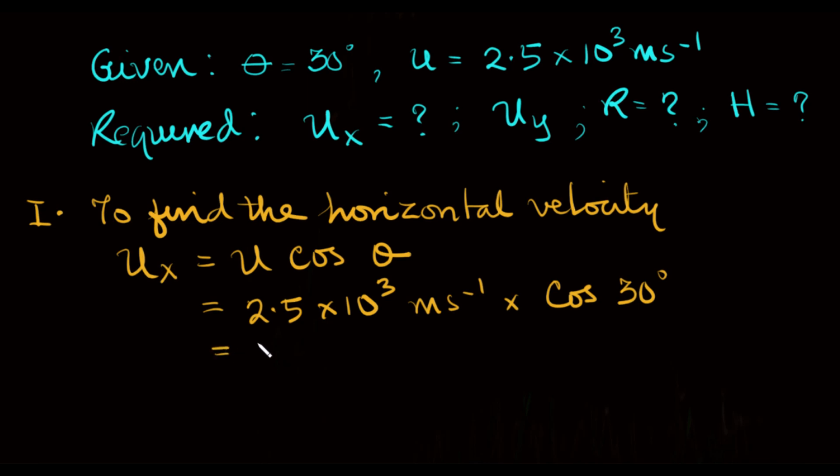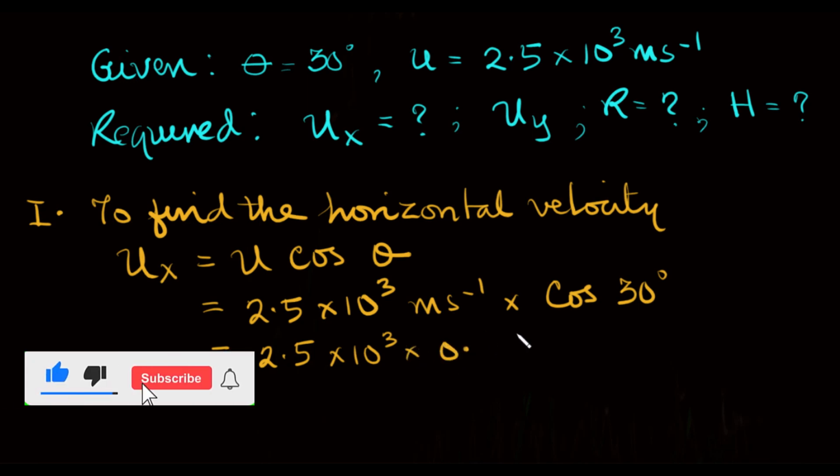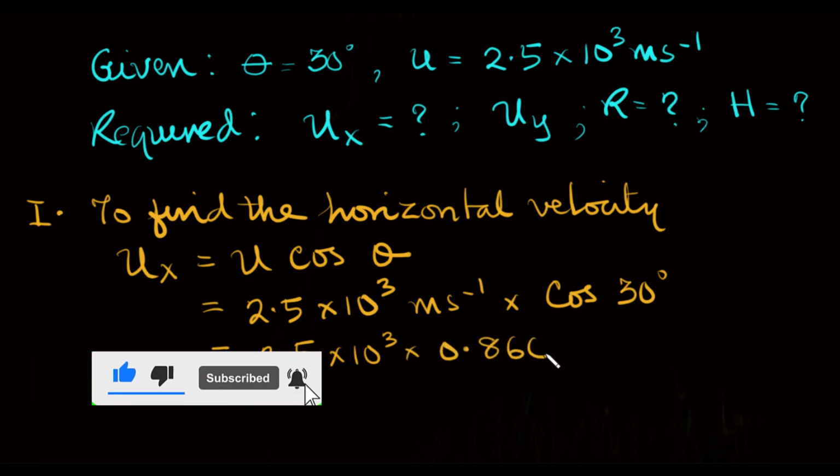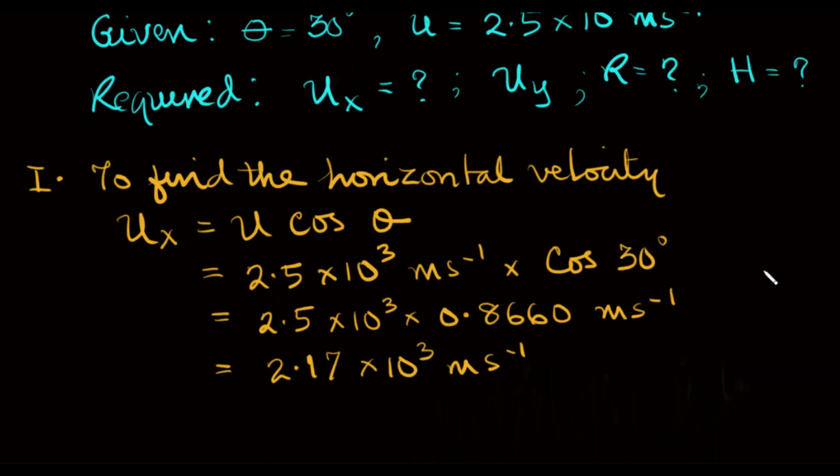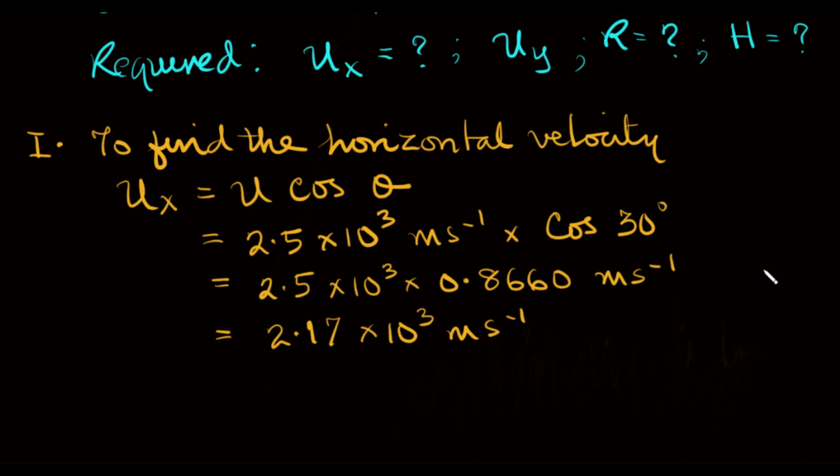That will give us 2.5 times 10 raised to power 3 times 0.8660, cos 30 degrees is 0.8660, all meters per second, and if we evaluate this, we'll obtain 2.17 times 10 raised to power 3 meters per second as the horizontal velocity of the shell.